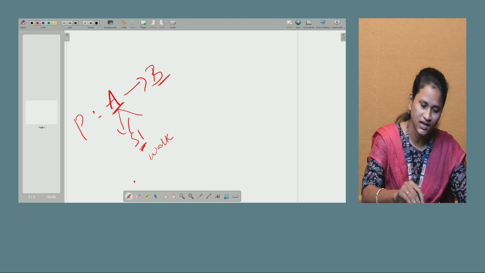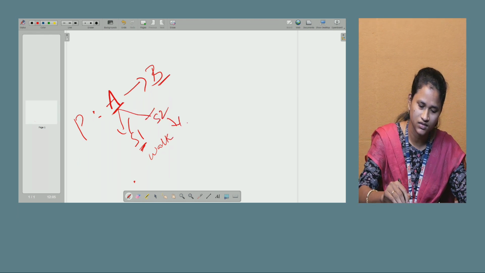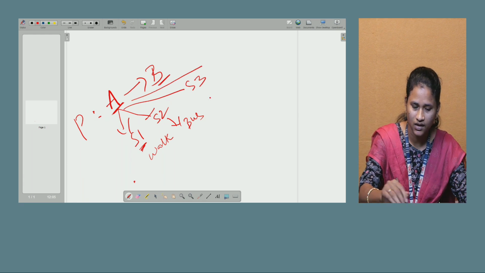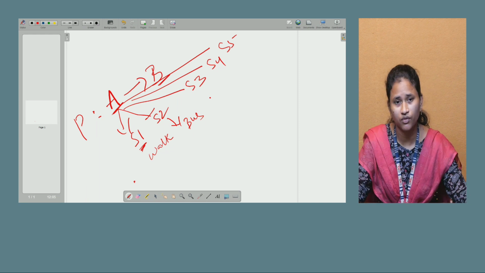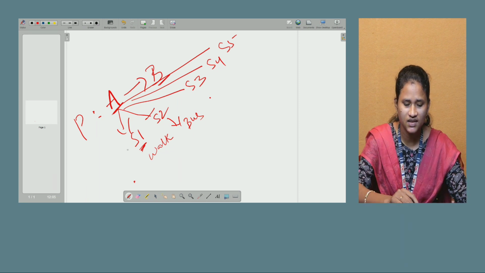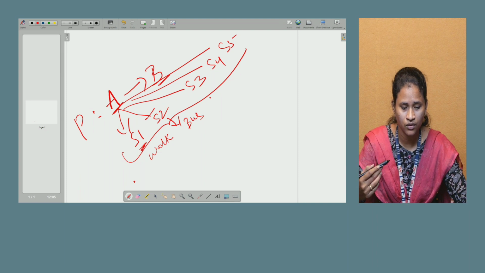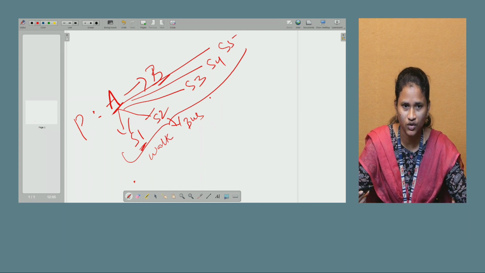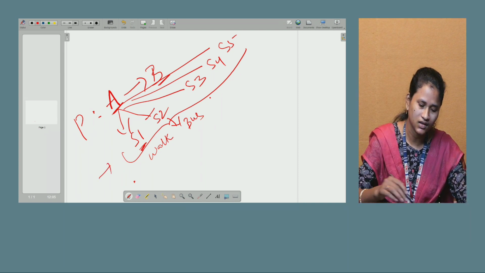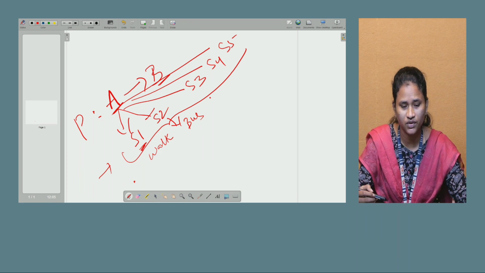Let us take another solution, by bus, and another solution, car, or solution 4, train, or solution 5, flight. These are all possible solutions to solve the problem. So these are all the normal solutions for the given problem.